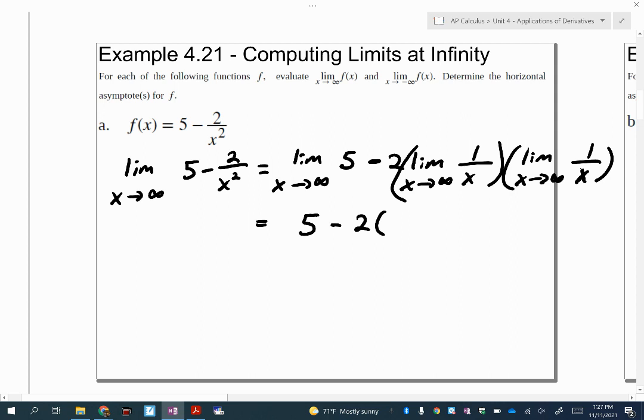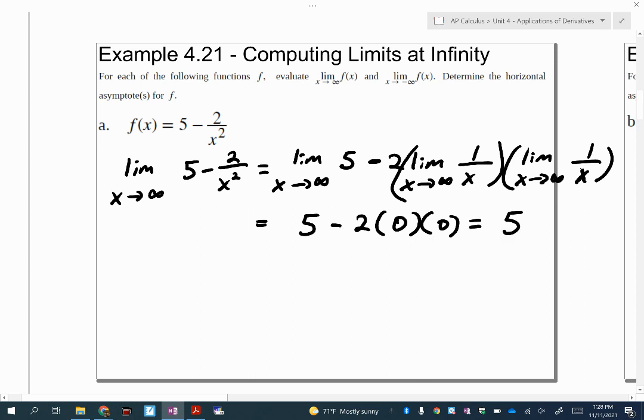Now, something that you would have talked about probably in middle school or early high school is when you do 1 over a really big number, you get a really small number. So the limit as x approaches infinity of 1 over x is going to be approaching essentially 0. And same thing for this one. So 0 times 0 times 2 is 0. So 5 minus 0 is 5. So that's the limit as x approaches infinity of this.